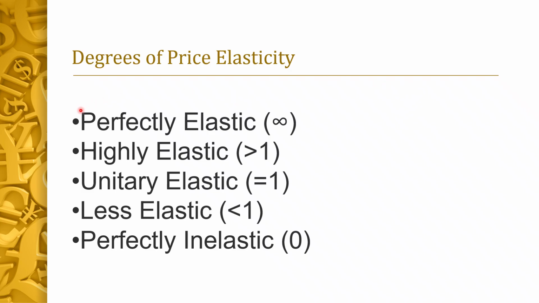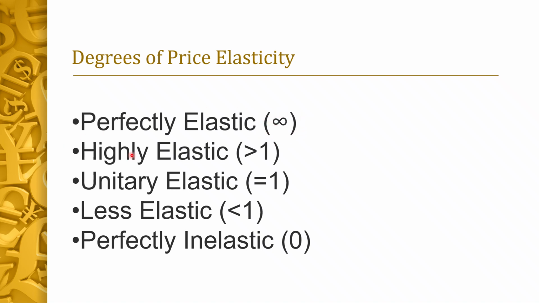So let's understand that there is one degree which is called perfectly elastic. This depicts that even with the slightest price increase, the demand will come down to zero. We depict it with the symbol of infinity.